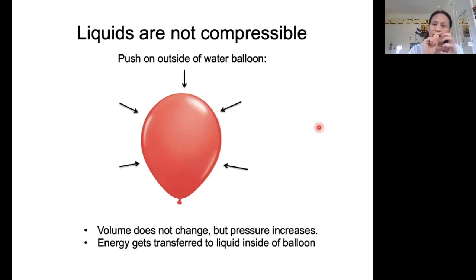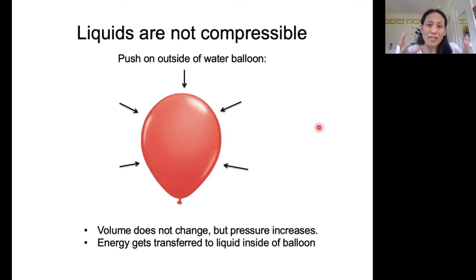If you poke a hole in it, that water squirts out with a lot of pressure behind it. That's because it has taken on that pressure from when you squeeze the balloon. As you're squeezing the balloon, you're putting more pressure on it, poke a hole, that water is going to squirt out far.